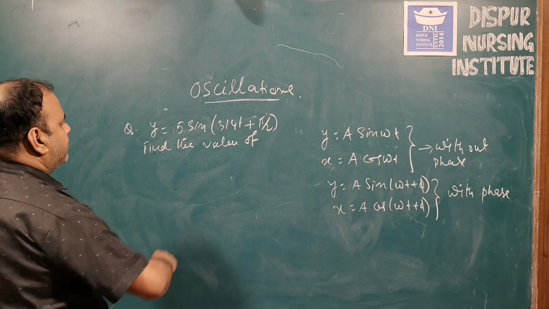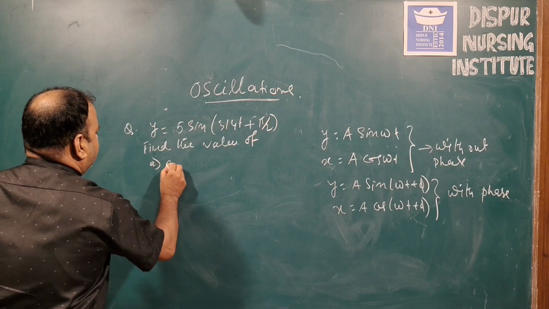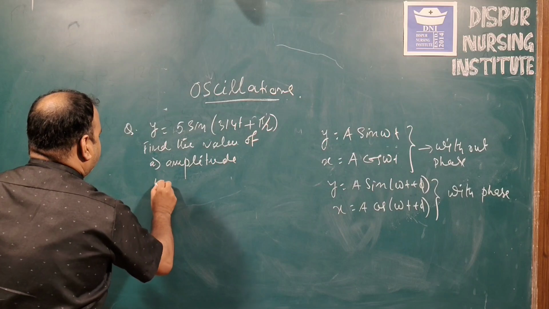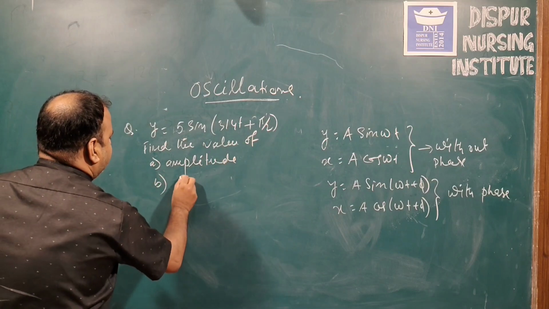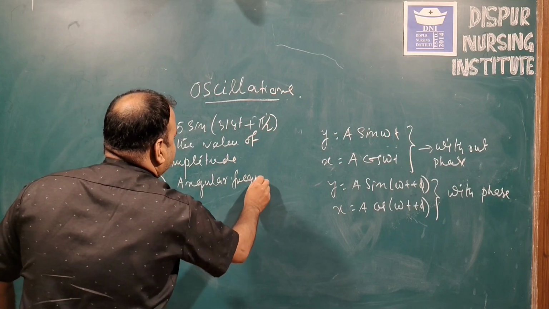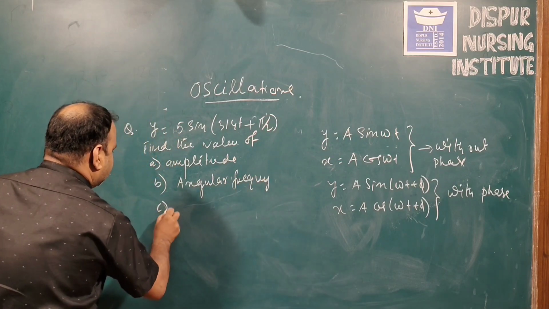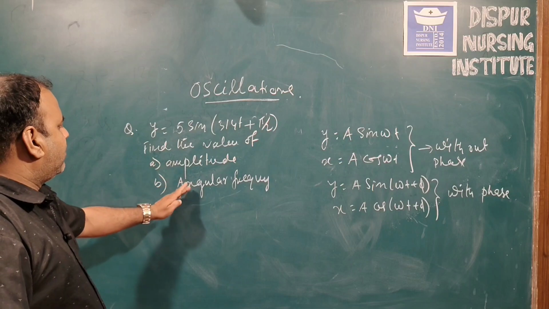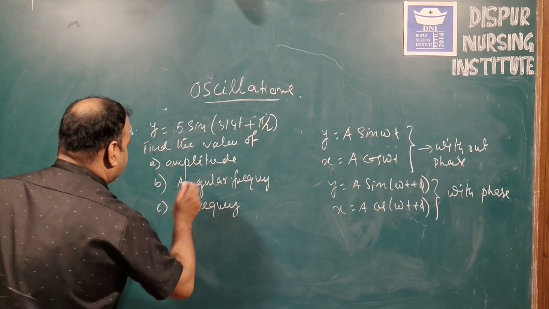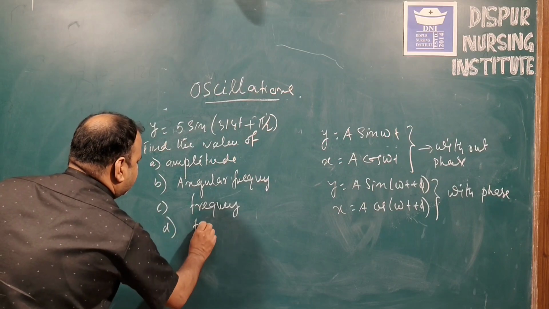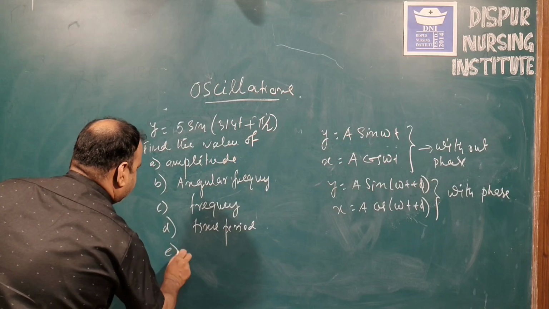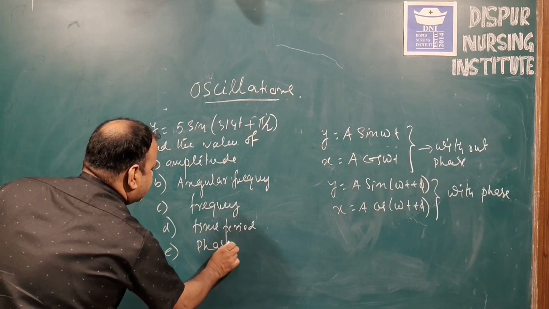first, the amplitude; b, the angular frequency; c, the normal frequency; d, the time period; and e, the phase angle.